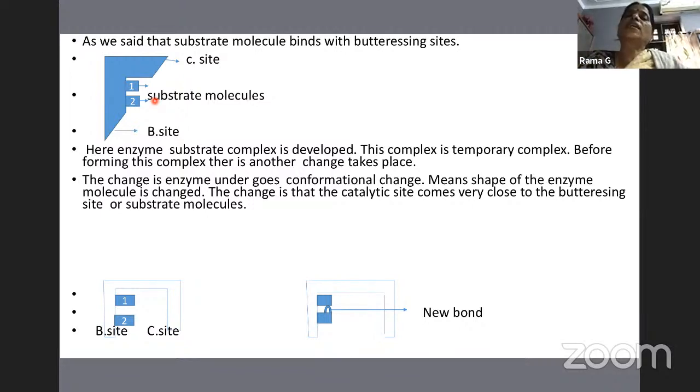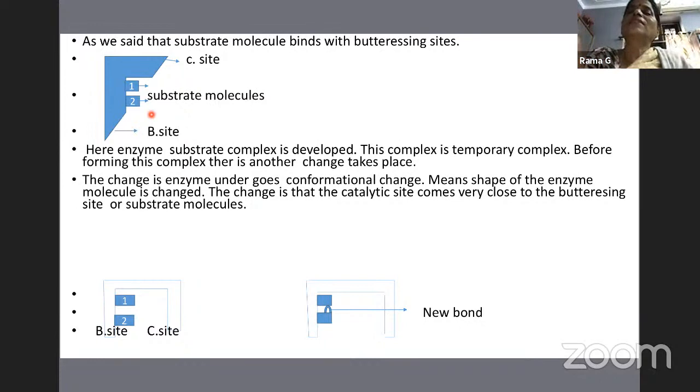After the attaching of the substrate molecules to the buttressing site, this catalytic site shows bending towards the substrate molecules. That means a conformational change in its place, its structure, or its shape.